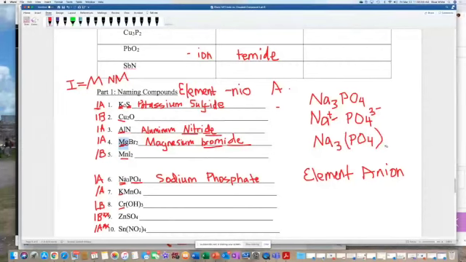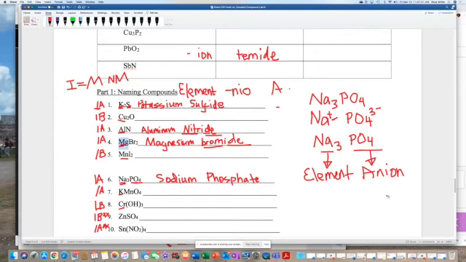But in chemistry, since this positive 1 is here and there's only 1, we don't need the parentheses, so they leave this part out. So it looks like that. So this is sodium phosphate. You just name the metal as an element, name the anion as an anion, and that's how we get the name right here.